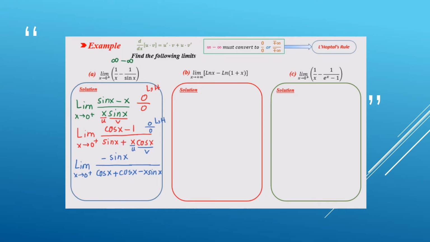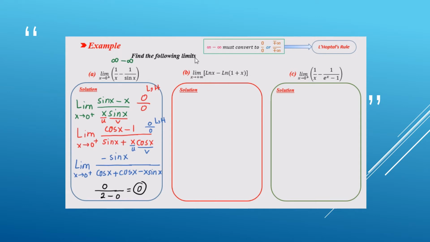Now you have to replace x equal to 0, and you will have minus sine of 0, which is 0, divided by cosine 0, 1, plus cosine 0, 1. So we have 1 plus 1, which is 2, minus 0 times sine 0 equal to 0. So we have 0 over 2, which is 0.